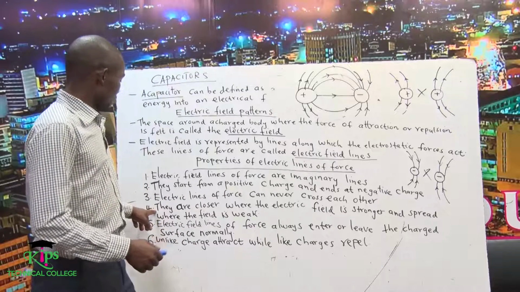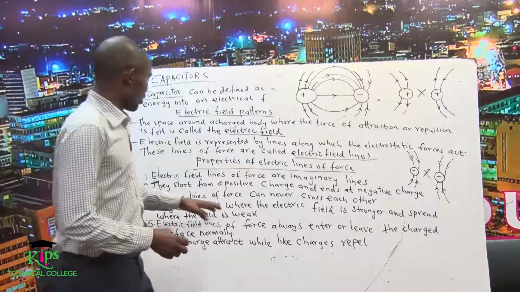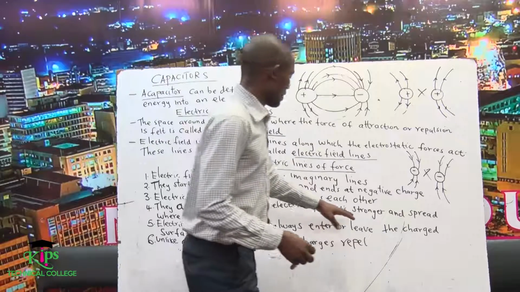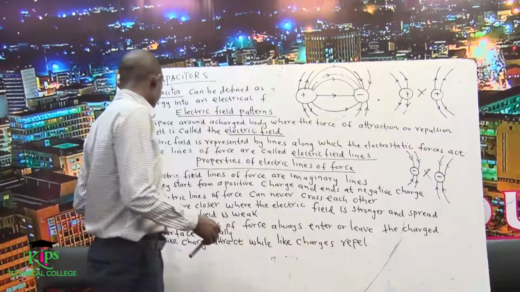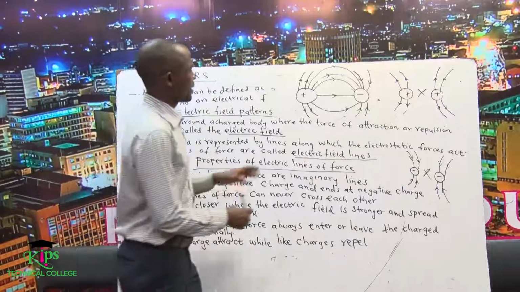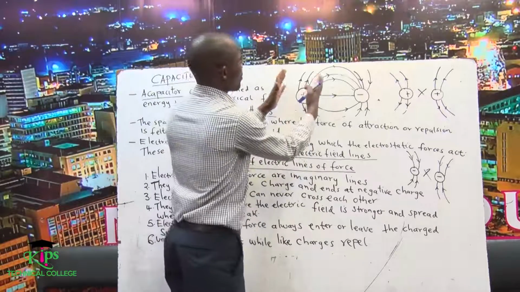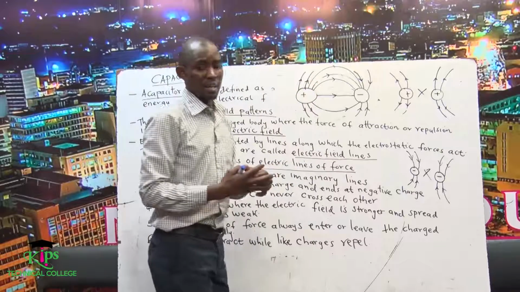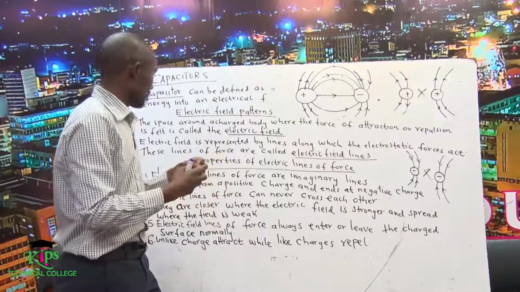Number 4: they are closer where the electric field is stronger and spread where the field is weaker. So if you find these lines of force are very close towards one another, it means the electric field is very strong.